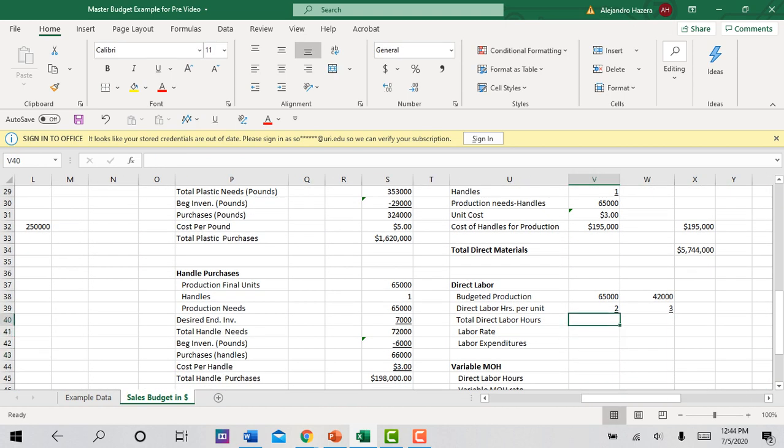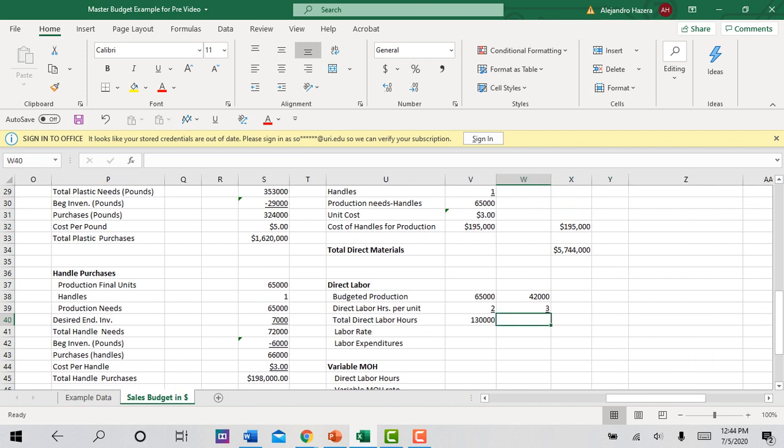So our direct labor hours for drills is going to be 130,000 hours. And I tried to put all the labels out here, by the way. And for saws, we're going to have 126,000 hours.